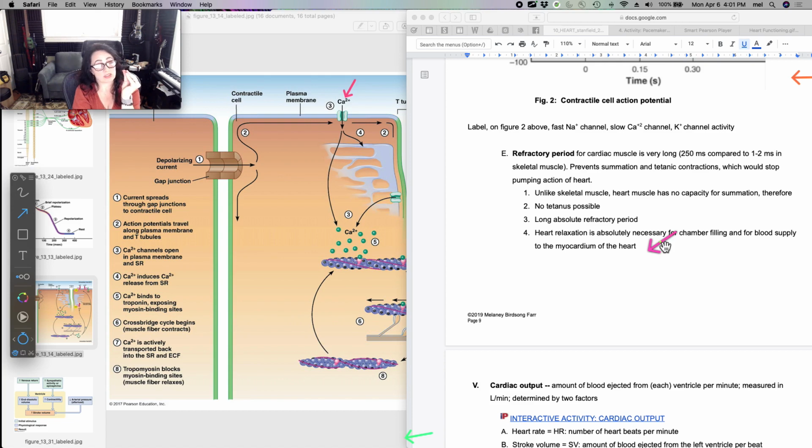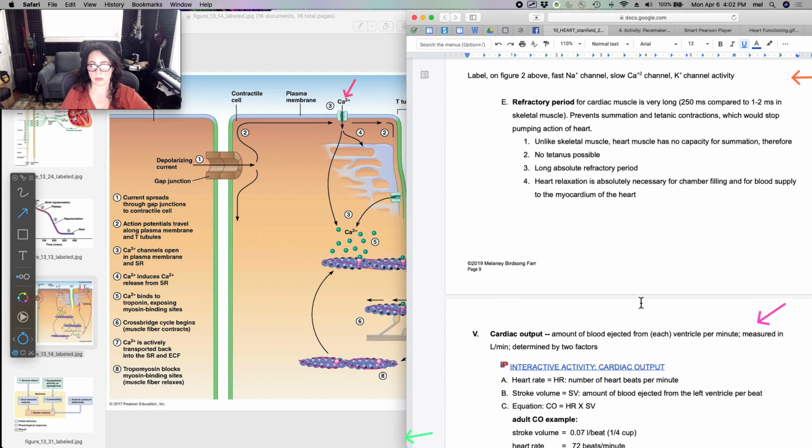The sponge doesn't actually take up the water until you relax. So you have to relax the cardiac muscle in order to let the blood into the capillaries. So the point being, cardiac muscle relaxation is just as important as cardiac muscle contraction.